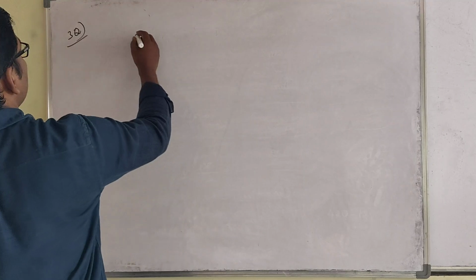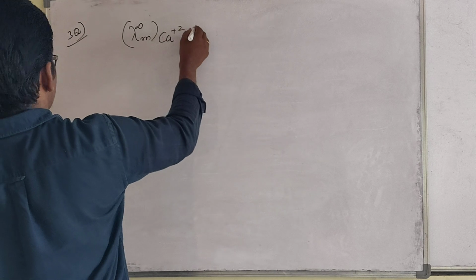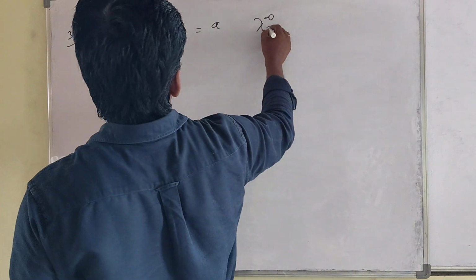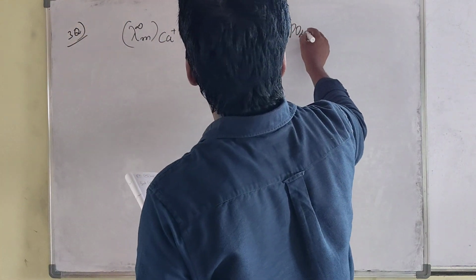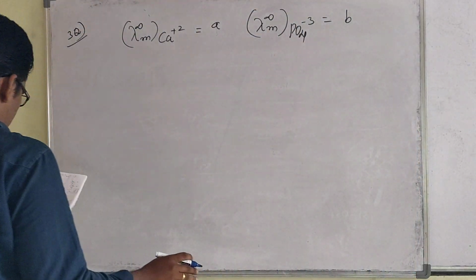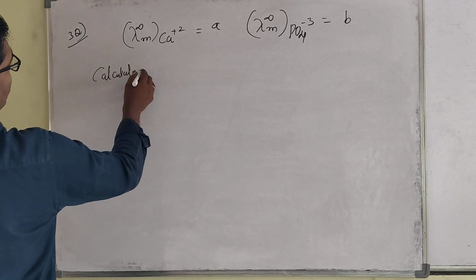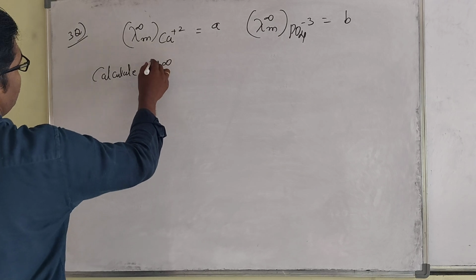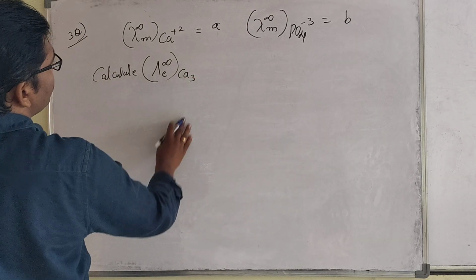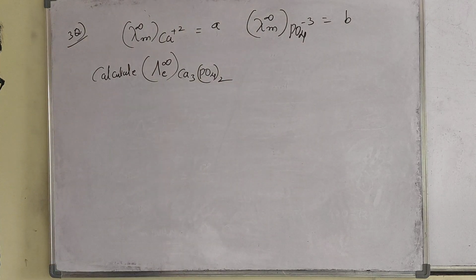The limiting molar ionic conductance of Ca plus 2 is equal to A. The limiting molar ionic conductance of PO4 minus 3 is equal to B. Then they are asking to calculate the equivalent conductance of Ca3(PO4)2. They are asking a question like this.